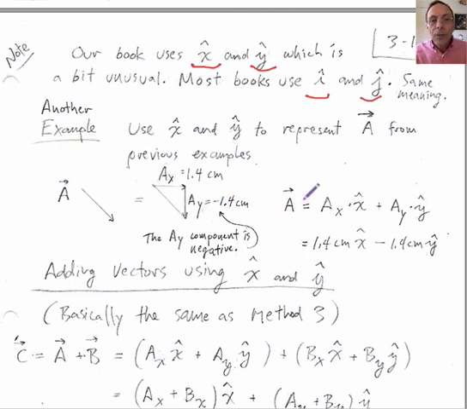And okay, so the a vector is the length of the x component times the x hat unit vector plus the length of the y component times the y hat unit vector. And so this becomes the x component, and this is the y component. And you put these two things together and you get back the a vector.